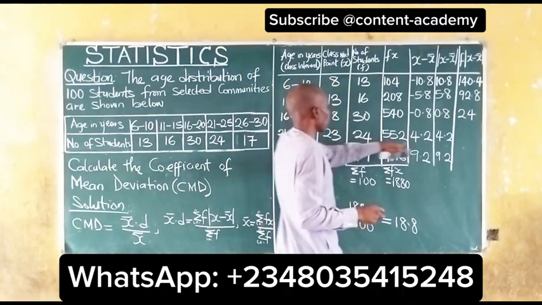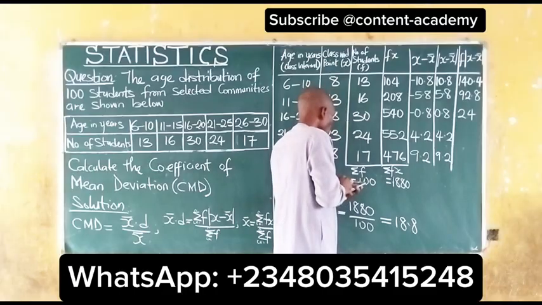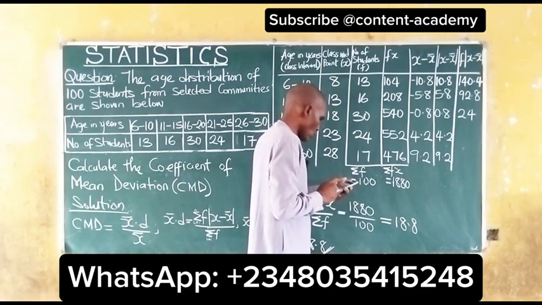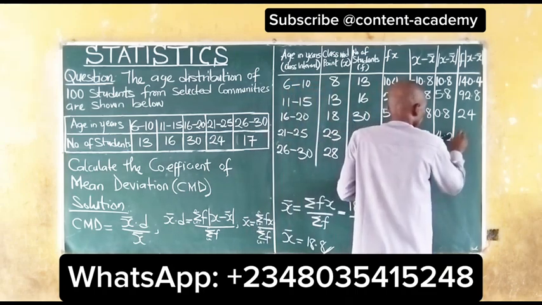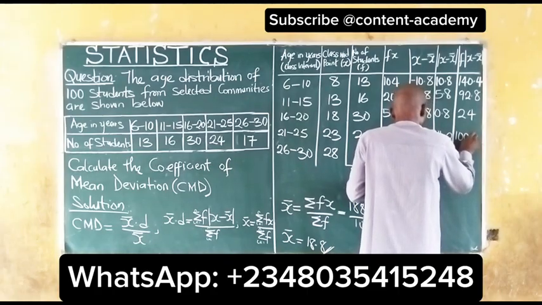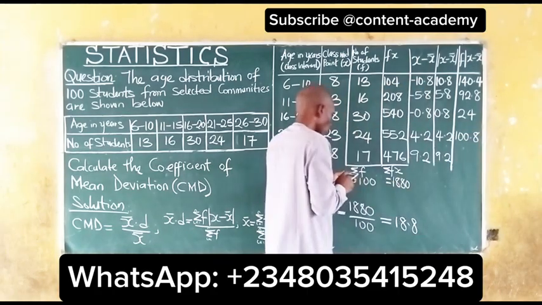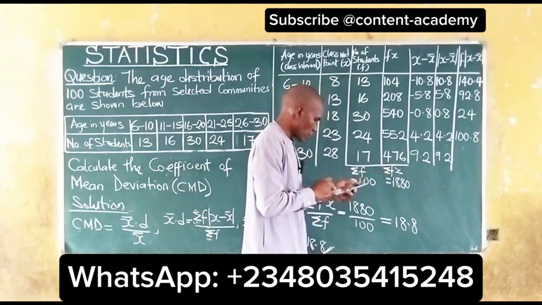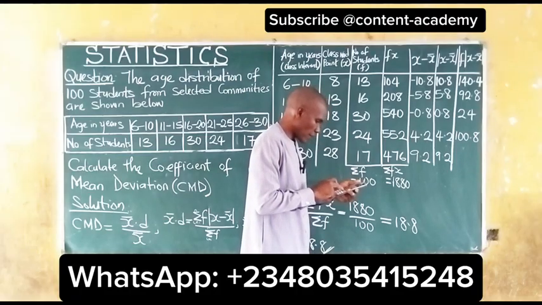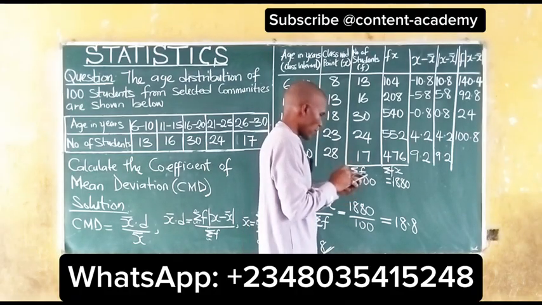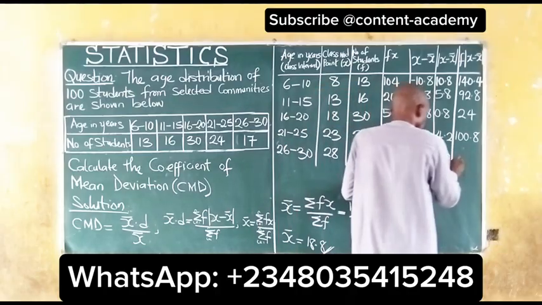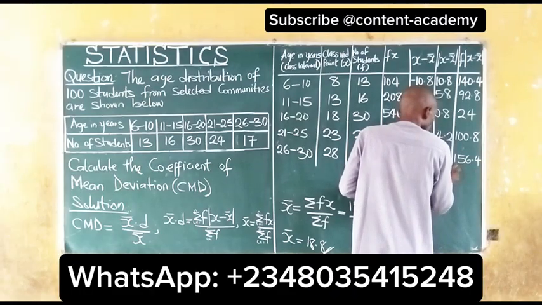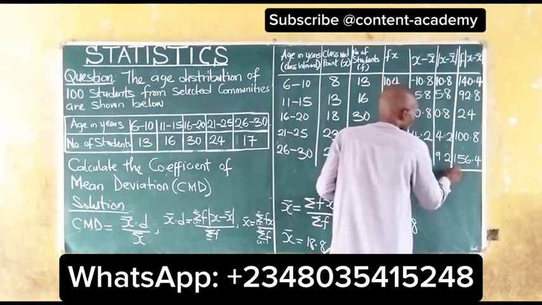We have 24 multiplied by 4.2, we have 100.8. We also have 17 multiplied by 9.2, we have 156.4. So this is how to multiply this.